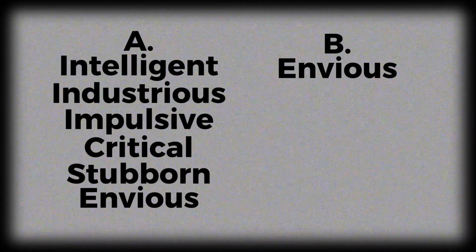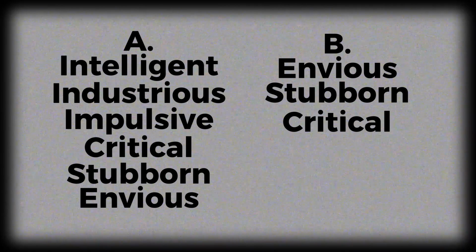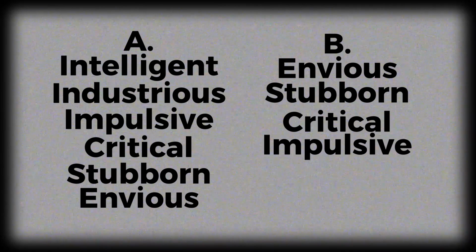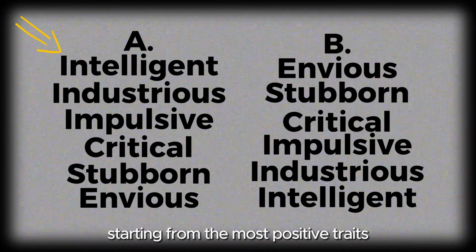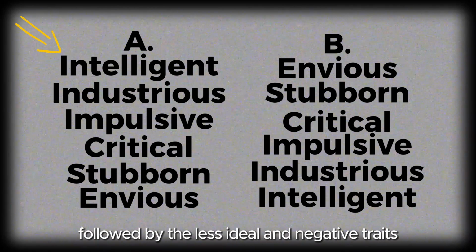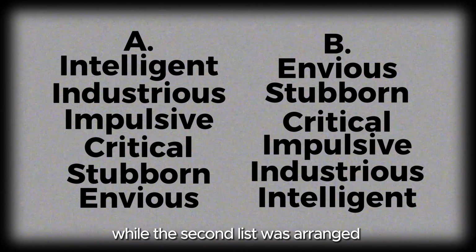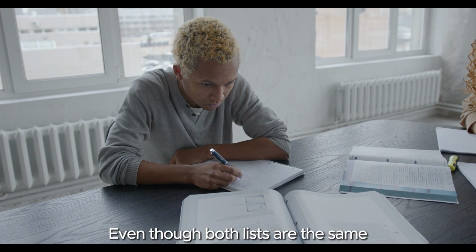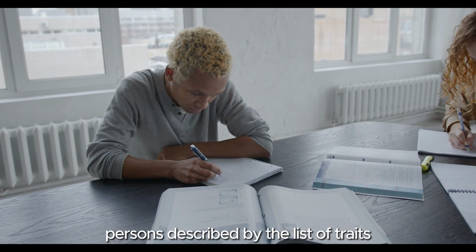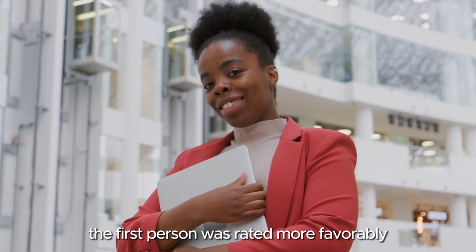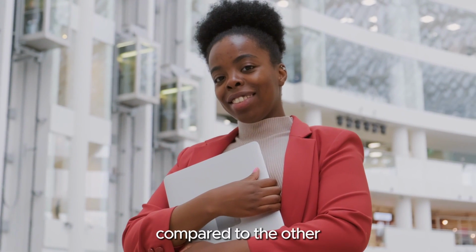B. Envious, stubborn, critical, impulsive, industrious, and intelligent. The first list was arranged starting from the most positive traits, followed by the less ideal and negative traits, while the second list was arranged in the opposite way. Even though both lists are the same, when asked to rate the 2 persons described by the list of traits, the first person was rated more favorably compared to the other.